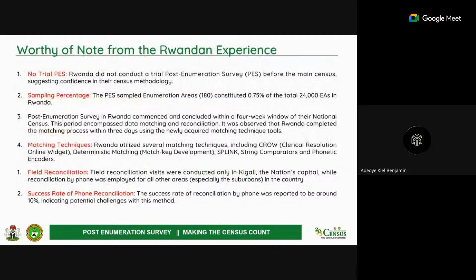Now, talking about the Rwandan experience, I think I've talked a little. We didn't have any trial PES. We were surprised. They said they didn't even know there was supposed to be anything like a trial PES. They just went. But remember, as my CDPS said, we not only had a trial PES, we had a validation of the instrument.